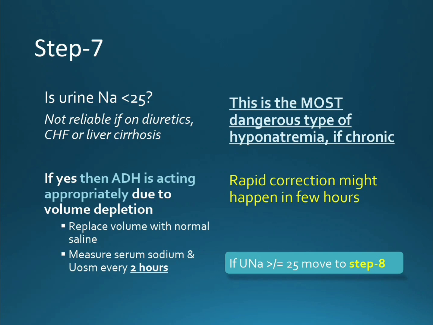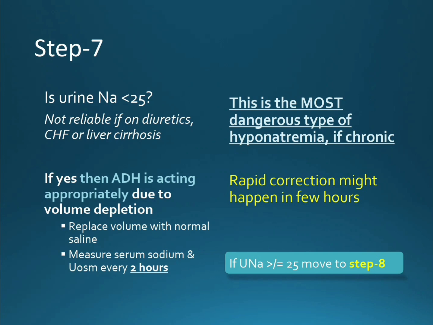Also in patients with heart failure and patients with liver cirrhosis, because the effective arterial blood volume is always low, the urine sodium might always be less than 25, regardless of the cause of hyponatremia. So in these patients, I don't use the urine sodium to guide me in the diagnosis or management.